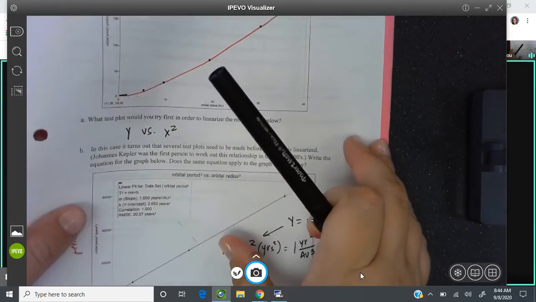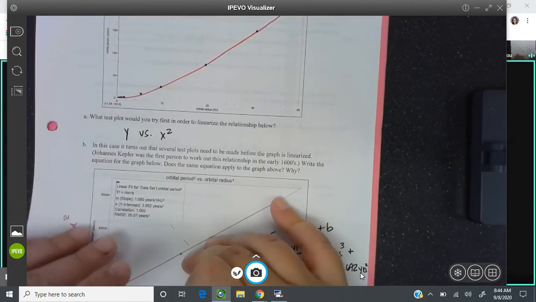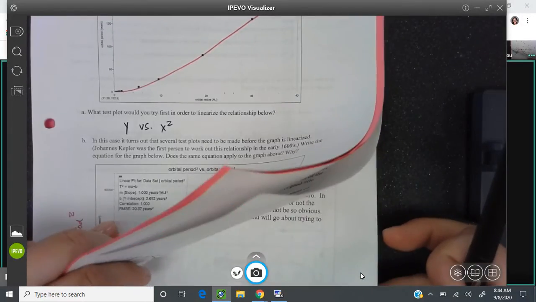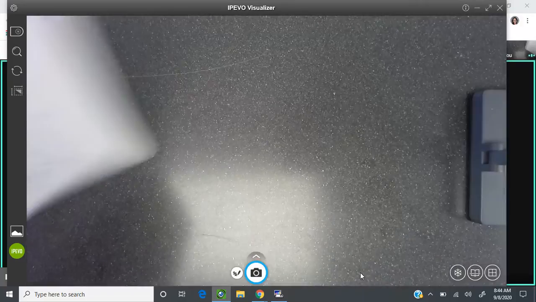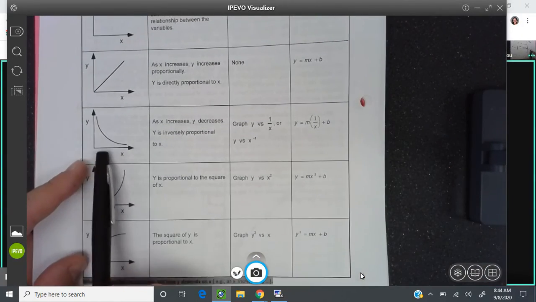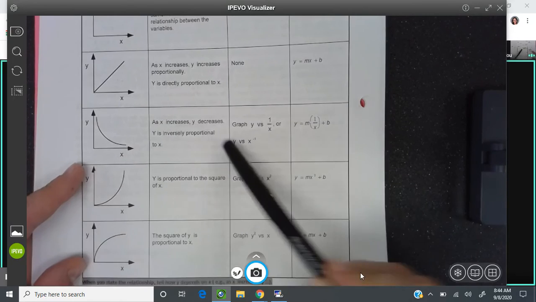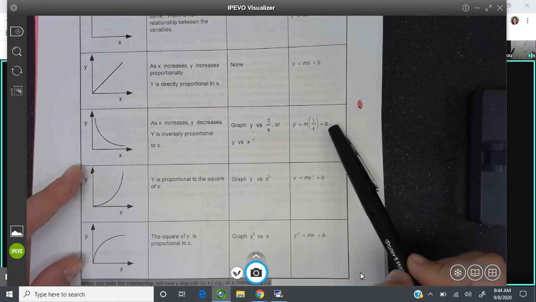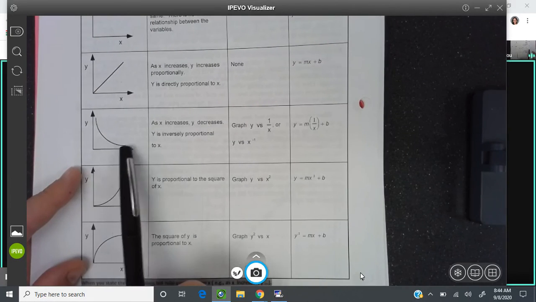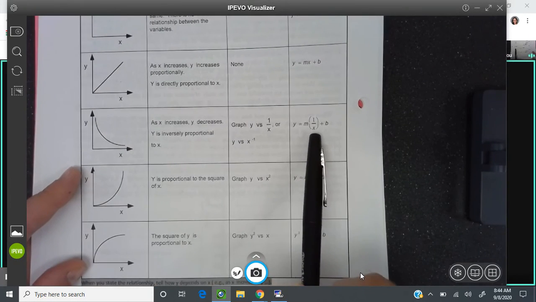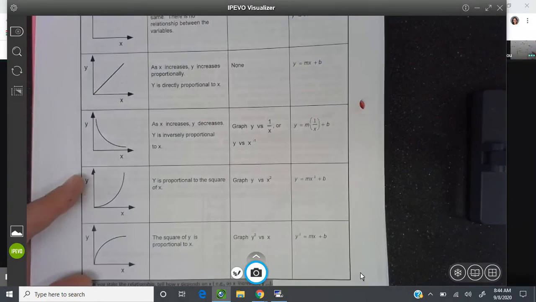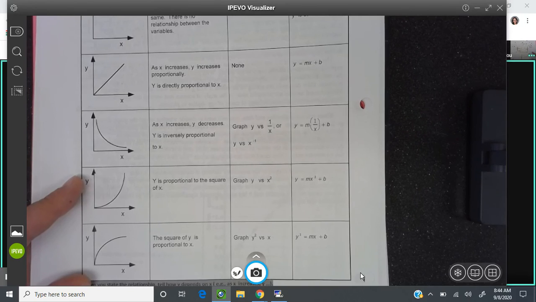That's why when we look at the handout, way back here, when we look at a graph like this, we would say this isn't y equals mx plus b. This is y equals m over 1x plus b. The reason that we can confirm that this is the equation is because we linearized it, and we took the new axes and figured it out.